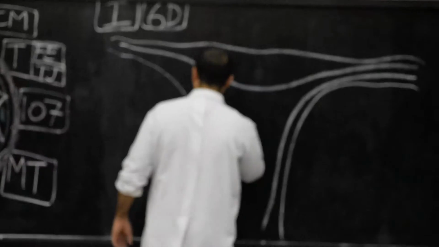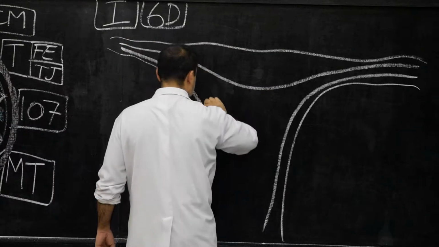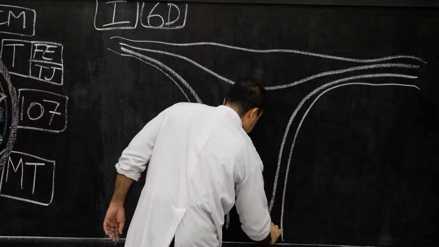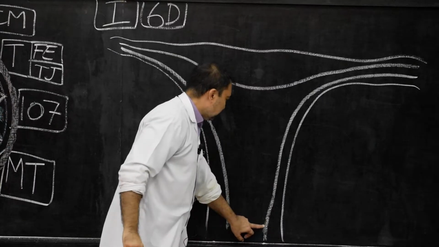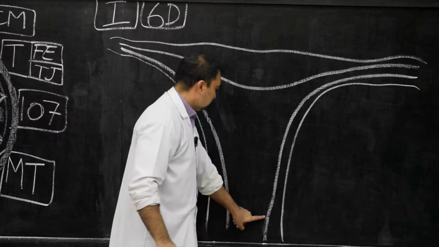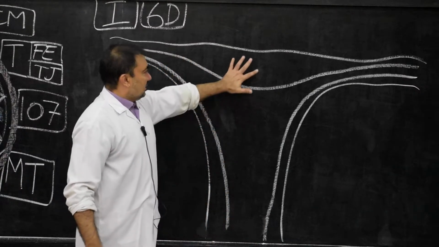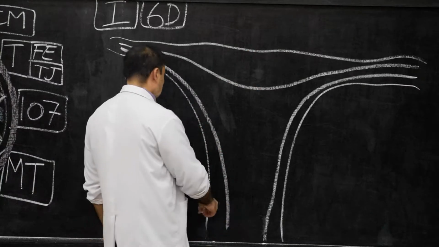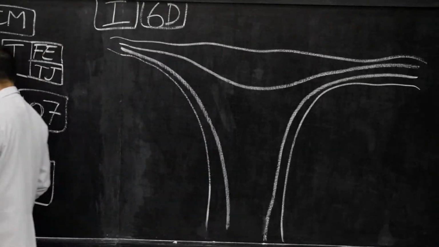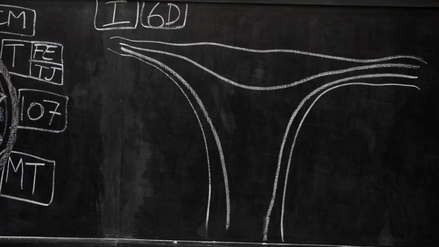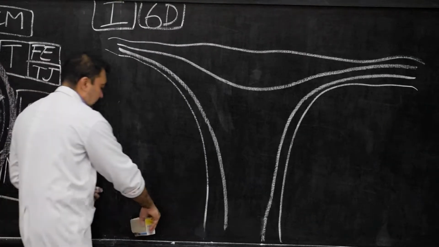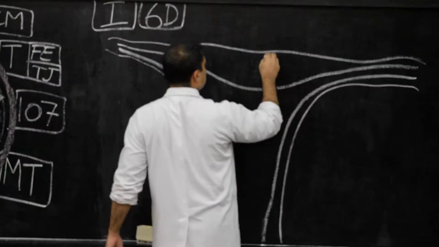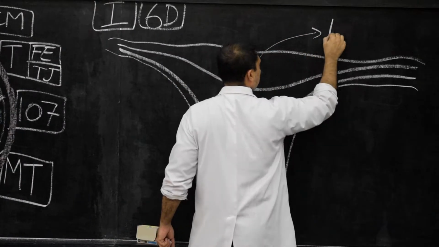Here we complete the fallopian tube and the uterus. This is how we complete the diagram. This is the fundus, so in order to understand it, we are going to name this as fundus.